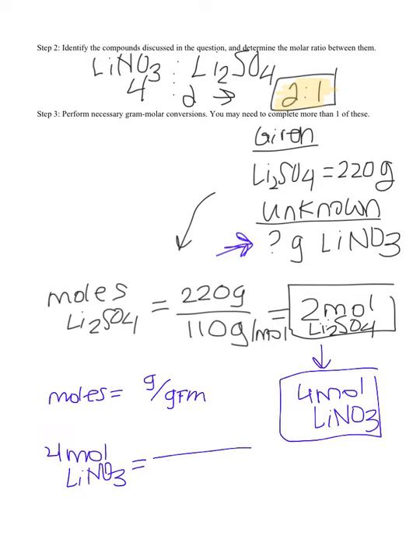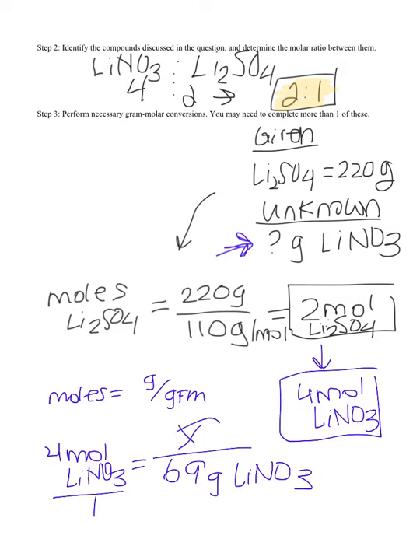It's asking to find the amount of grams. So you're looking for X, and you're going to look at your reference table or your periodic table, and you're going to do the gram formula mass of LiNO3. So you find Li, you find N, you find O, and you multiply it by 3, and you should get around 69 grams of LiNO3.